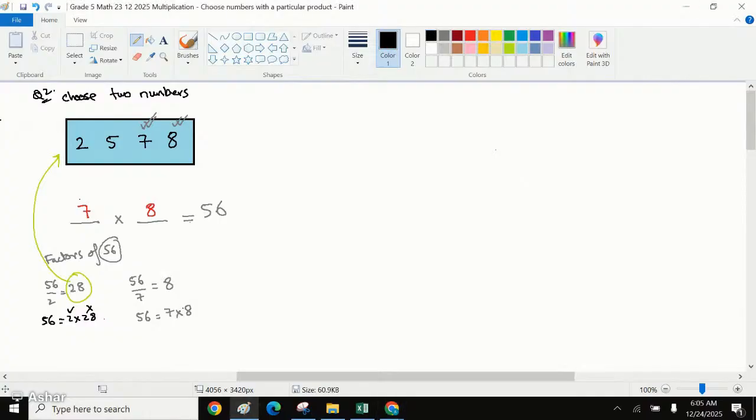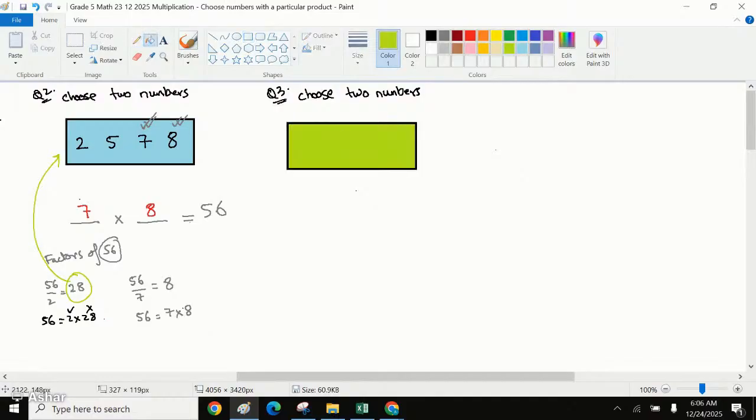In question number 3, they're asking us to choose any two numbers. The numbers that are given to us are 4, 8, 9, and 10.